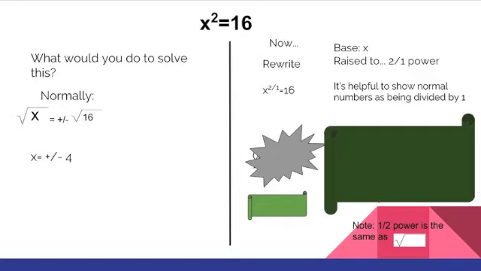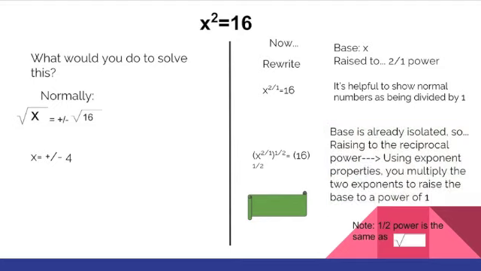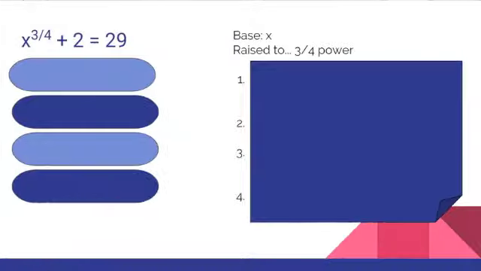And what you're going to do is raise each side to the reciprocal power, which is the 1/2 power, and using exponent properties, you multiply the two exponents to raise the base to a power of 1. And when doing so, you get x equals positive 4 and x equals negative 4. And essentially, we're doing the same thing, because raising something to the 1/2 power is the same as taking the square root of something.